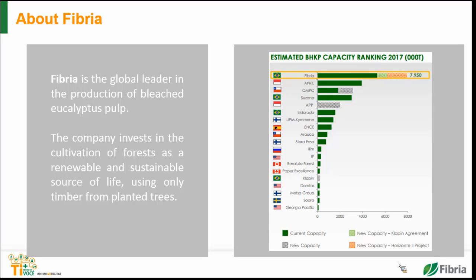And also, the trees are trees that we plant, not that we find in the forest and just cut. So we create a lot of forest. And the biggest assets that Fibria has are the forests themselves.